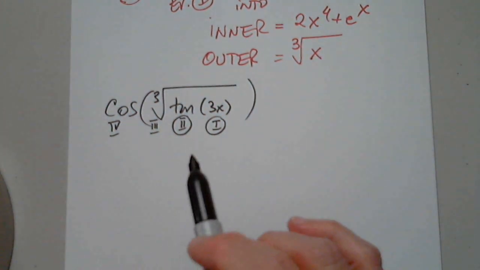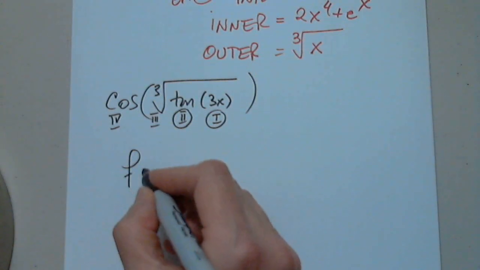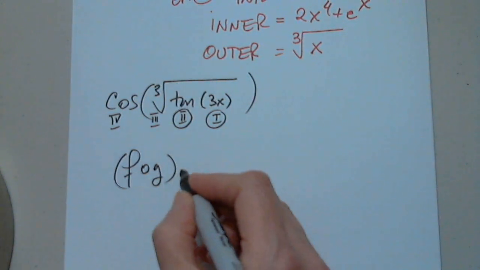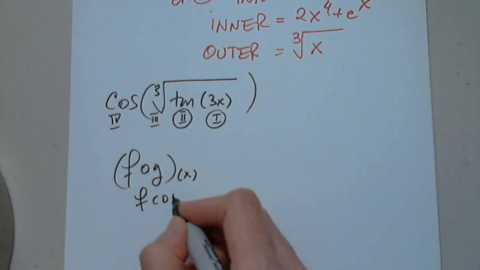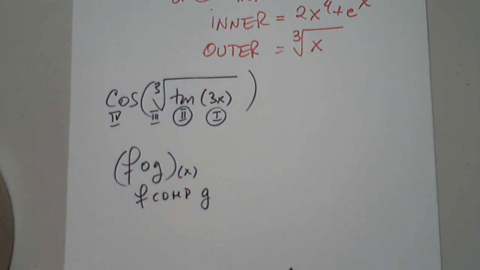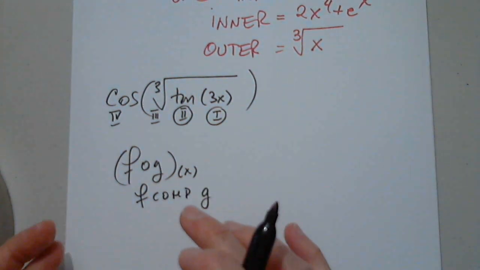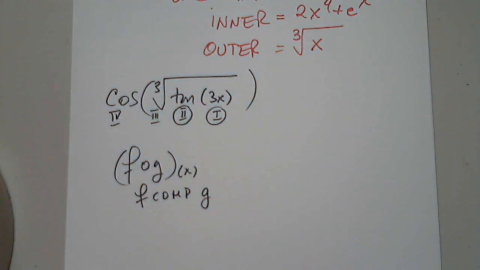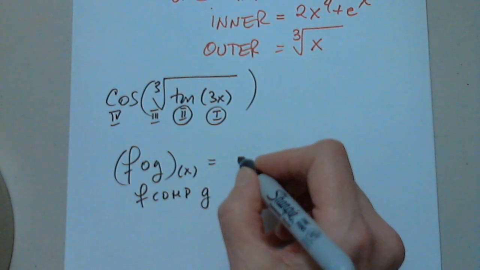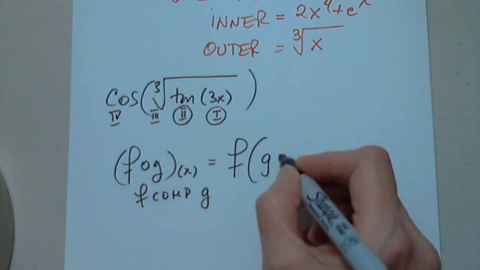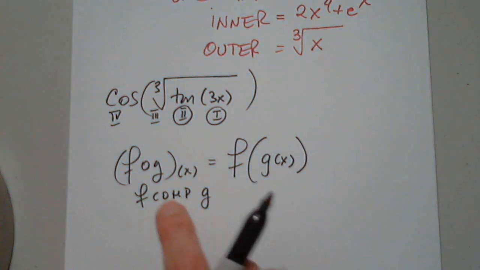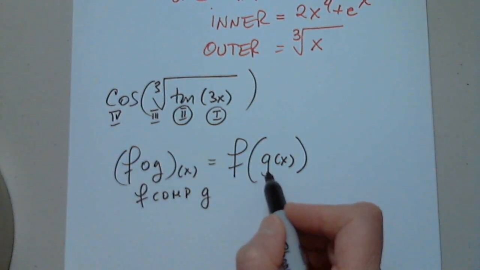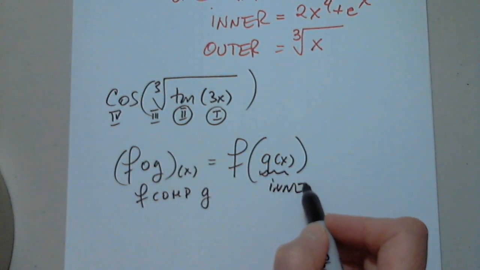So in this situation, the general case, if you remember, it's F comp G. The composite of F and G. So this by definition is F of G of X. G is the closest to X. This will be the inner, of course.